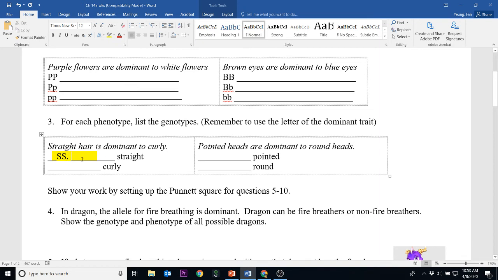Yes, so for this one, you can have two big S, or one big S and one small s. So you can be homozygous dominant or heterozygous dominant to have straight hair, right?